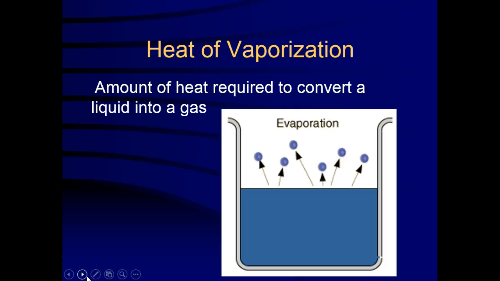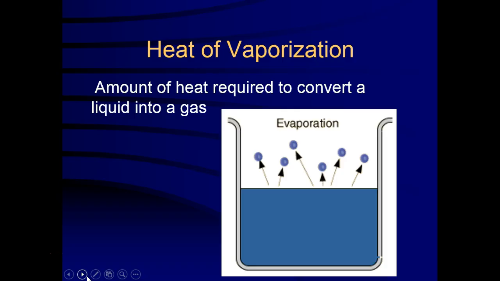Right? And when we talk about evaporation with water, as I mentioned before, that's when an individual water molecule has broken free from its four neighbors and has turned into a gas. We call that process evaporation.